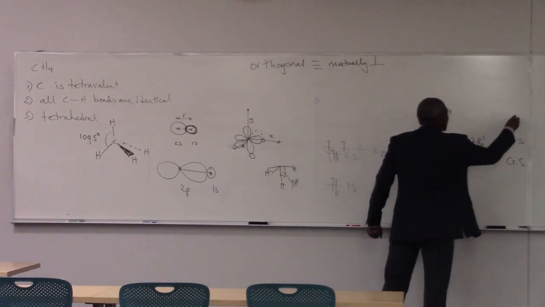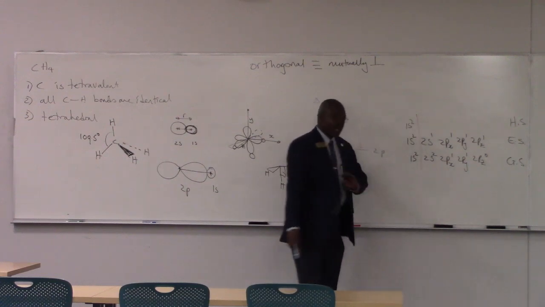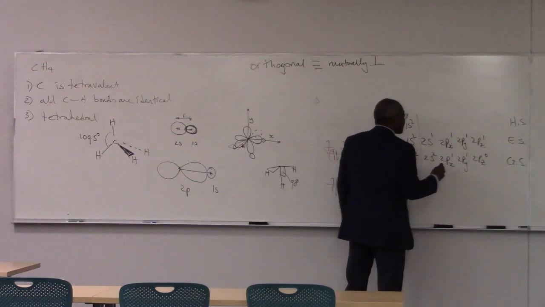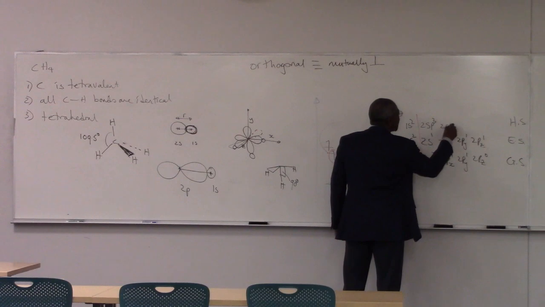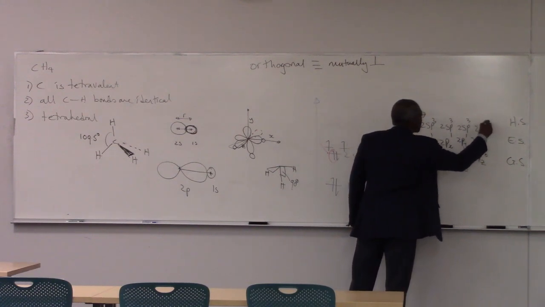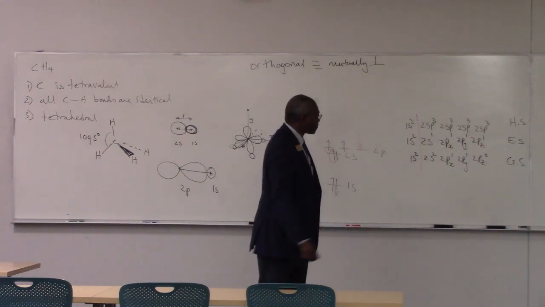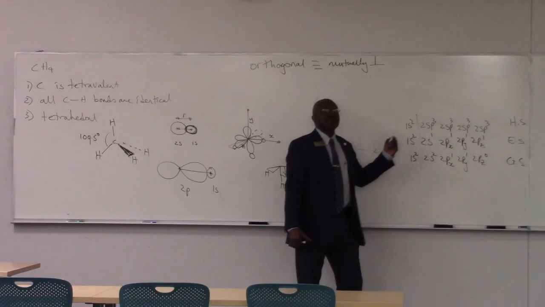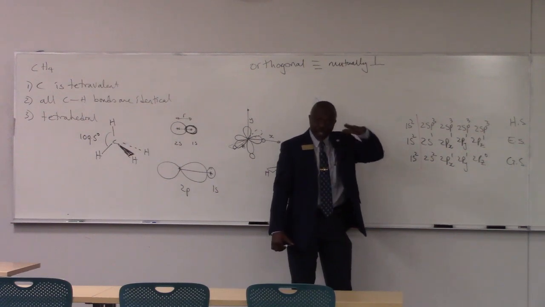So let's look at a hybridized state. 1s2, untouched. And I'm going to mix the s with 3 p's. And I'm going to get 2sp3, 2sp3, 2sp3, 2sp3. So let's talk about the numbers first, what the designations mean. The 2 indicates the principal quantum number at the energy level, right?